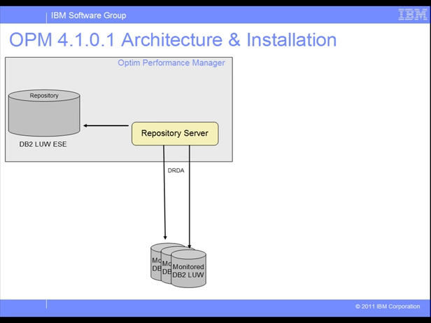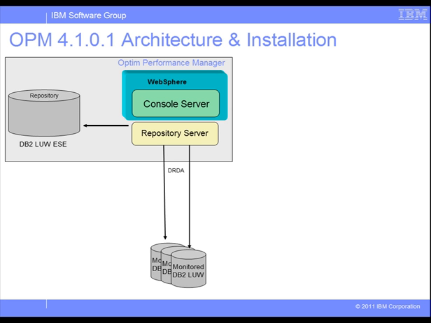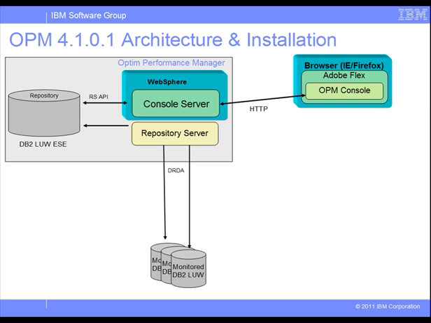The server stores this collected data in its repository database. The console server runs as an application in the WebSphere application server environment and connects to the Optim Performance Manager repository database. The console server also allows Optim Performance Manager users to use a web interface to retrieve this data and configure the monitoring behavior of Optim Performance Manager.